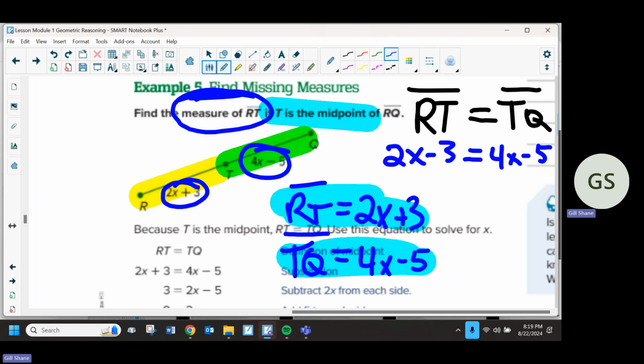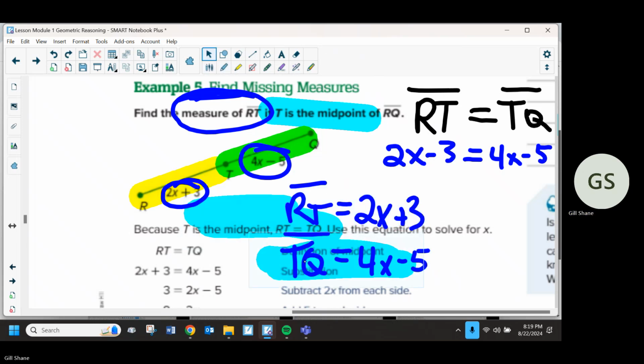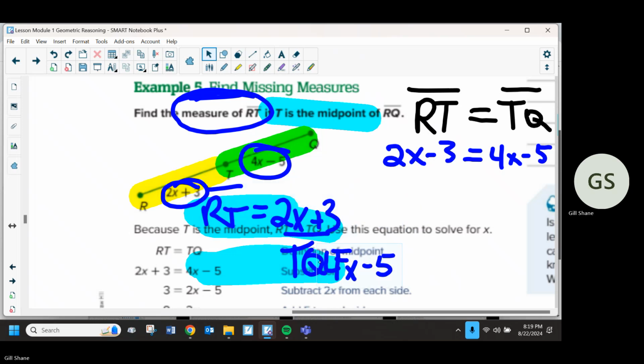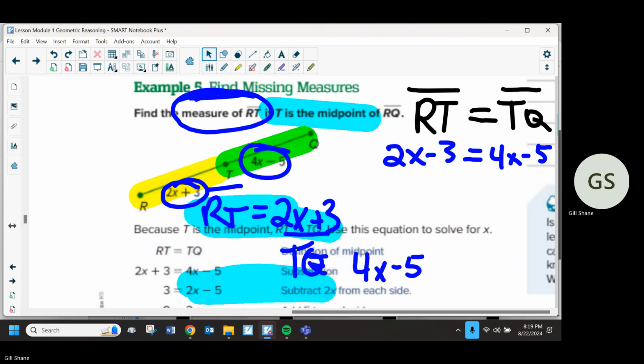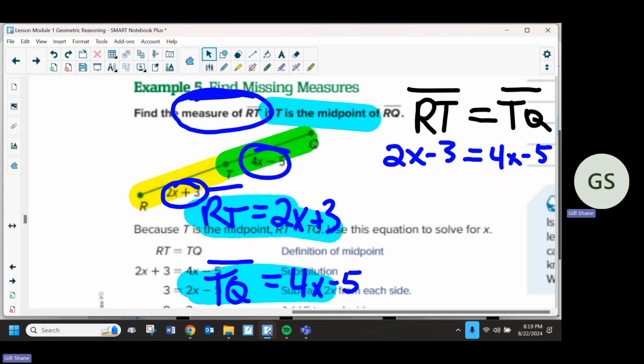So in order to solve this, I cannot just make that 6x. It does not work that way. I mean, I don't even know which side you would put it on.